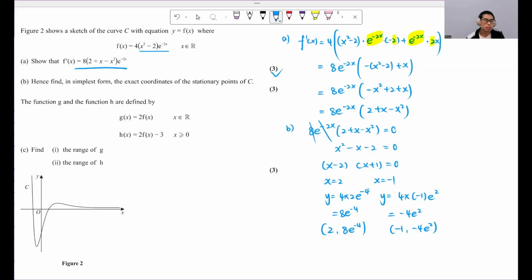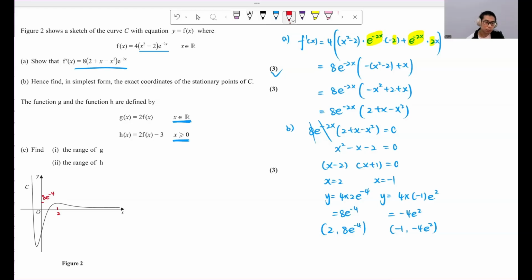And then part C. The function g and the function h are defined by g(x) equals 2f(x), where x can be any real value, and h(x) equals 2f(x) minus 3, where x is more than or equal to 0. In part C, we want to find the range of g and the range of h. Let's label the coordinates first. The first one is (2, 8e to the power negative 4).